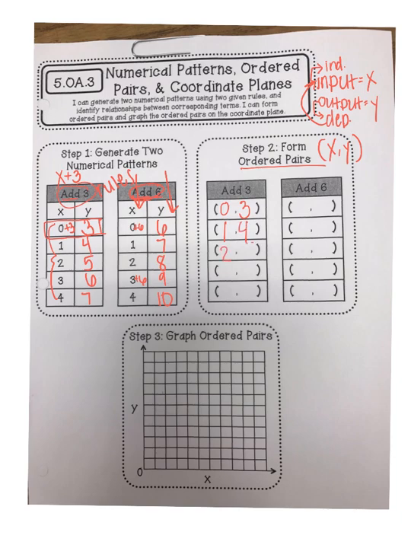When my input was 2, my output was 5. When my input was 3, my output was 6. When my input was 4, my output was 7. In my second table, I've got another rule with adding 6. So my ordered pairs are (0, 6), (1, 7), (2, 8), (3, 9), and (4, 10).